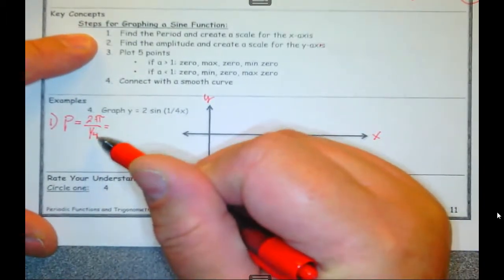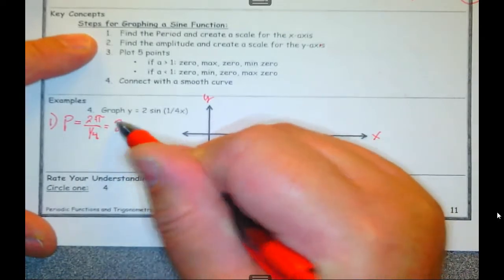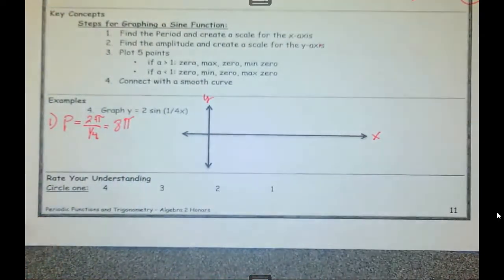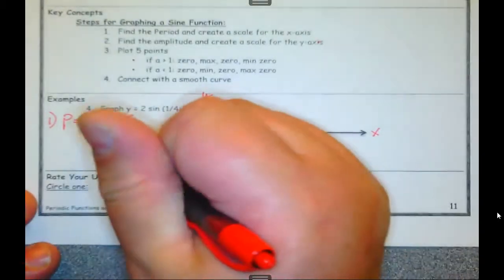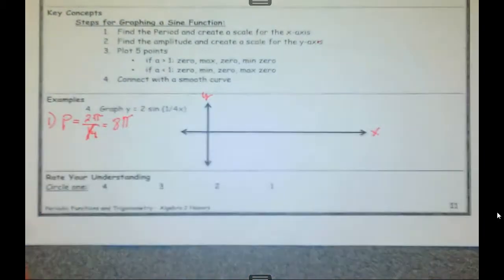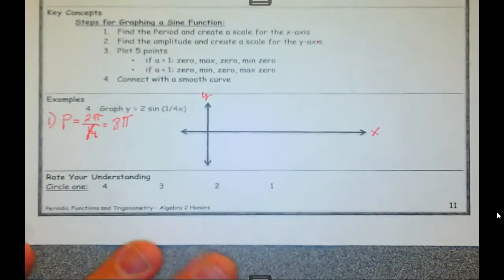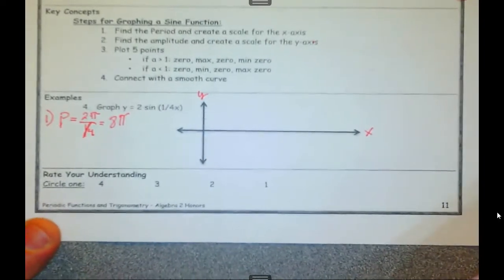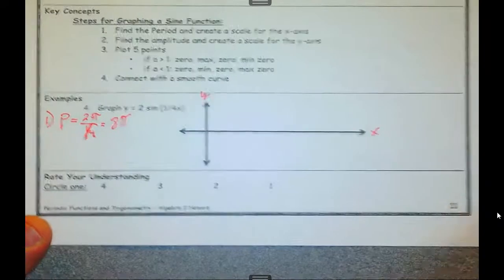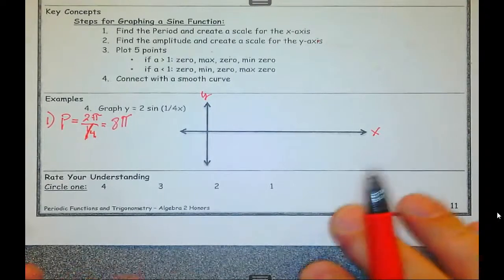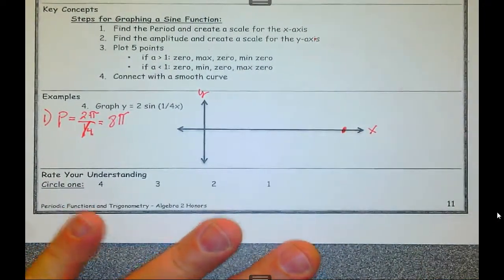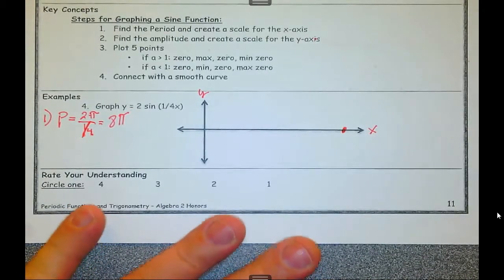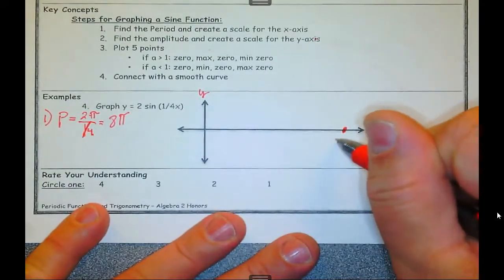So 2 pi times 4 is 8 pi. Okay. 2 pi over 1/4. Alright, so my last point here, where my sine function ends for this particular function, is 8 pi.